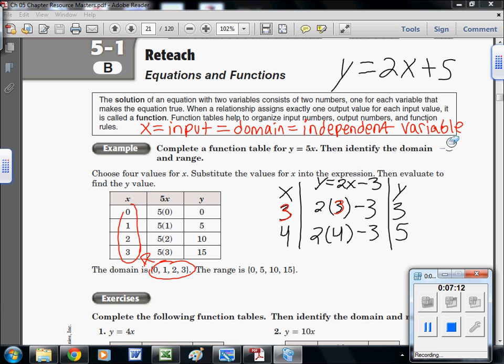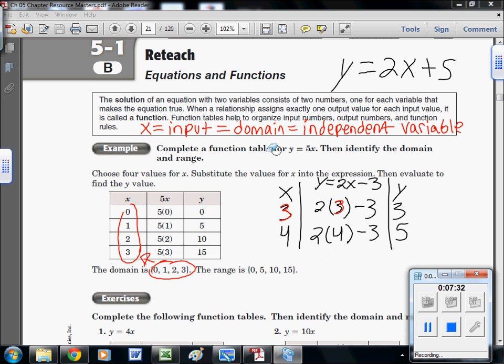We wanted to have independence so we could choose, so we could have freedom. So if you have independence, you get to choose. And the things you get to choose are the inputs. You don't choose the outputs. The outputs chose themselves based on what the function said to do. So the input, we choose, that is our independent variable, and that is usually going to be x.